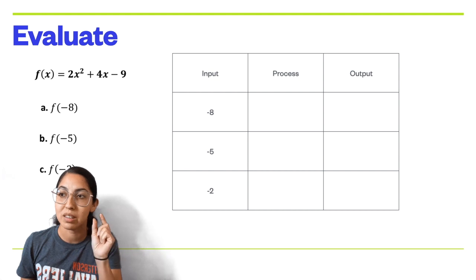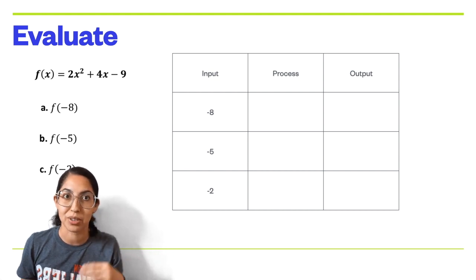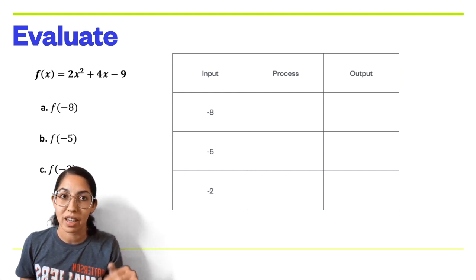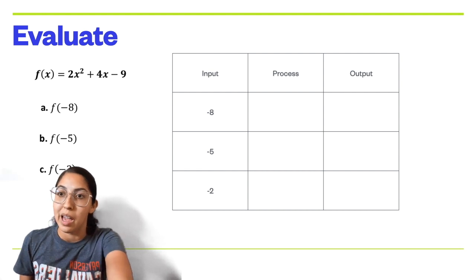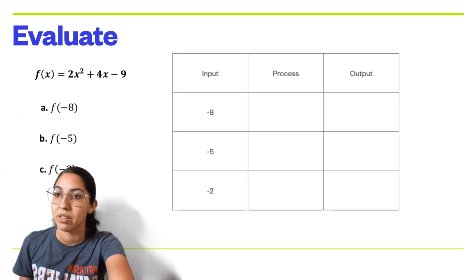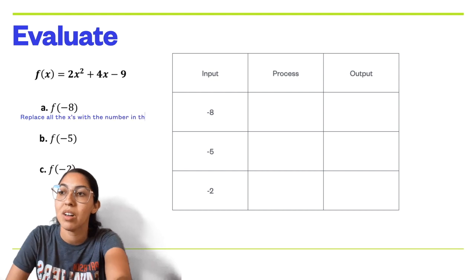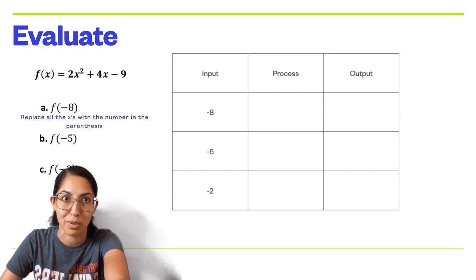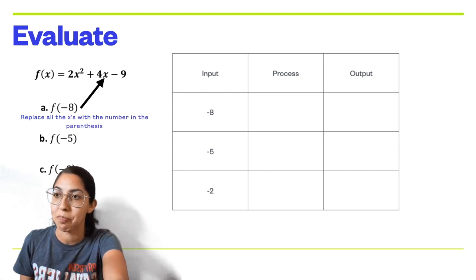The input is literally what we are putting in for our x values: negative 8, negative 5, and then negative 2. We want our process to be what we're doing throughout, and our output to be what we end up with. So we're going to replace all the x's with the number in the parentheses, one at a time.